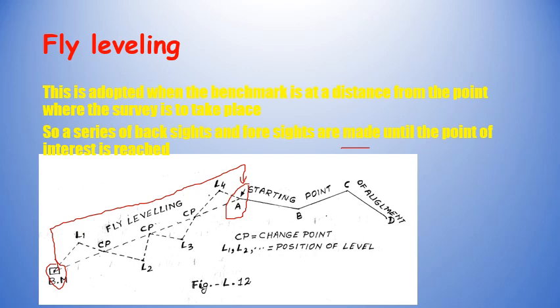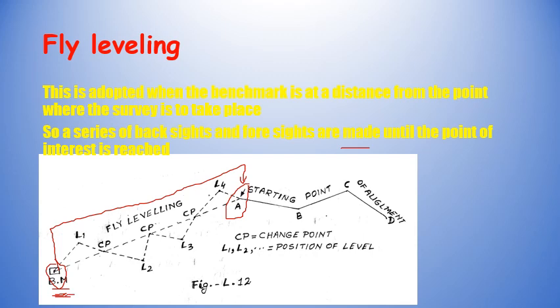So fly leveling is a form of differential leveling whose purpose is connecting the point where we want to start our survey from to the benchmark. We take measurements from the benchmark and connect it to our point of interest where we want our temporary benchmark to be, such that we can base on it when we are doing our own survey. This benchmark is very far, so we cannot always use it for reference.